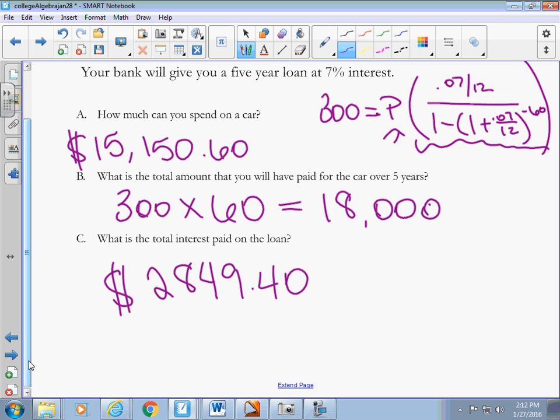Do y'all find this interesting? You may or may not like math, but you can't deny the importance of this to your real life, right? I told you at the beginning of exponentials and logarithms that this was a big chapter.